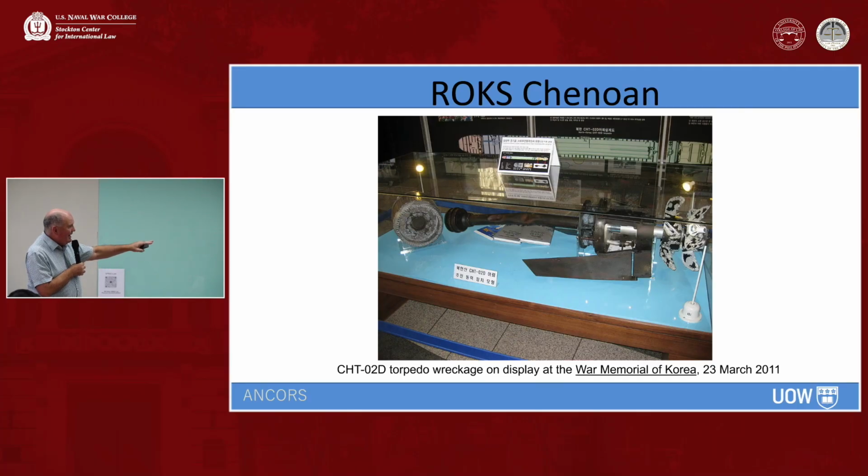Here's some Korean torpedo parts that are on display in the War Memorial in Seoul. The Democratic People's Republic of Korea denies that they did this, but nevertheless, the evidence that was put together appears to be very convincing that this is in fact what happened.